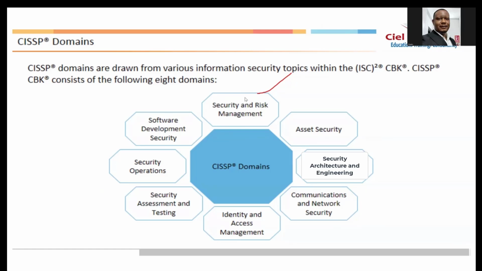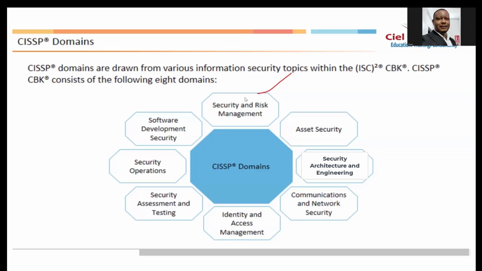Then the second domain is asset security, followed by the third one, which is security architecture and engineering. And then the fourth domain is communications and network security. The fifth domain is identity and access management. The sixth domain is security assessment and testing. The seventh one is security operations. And then, of course, the final one is software development security.